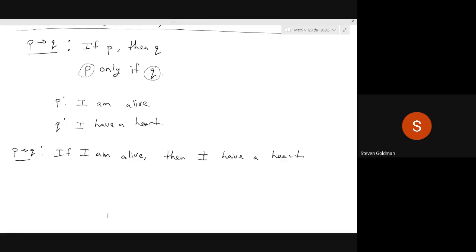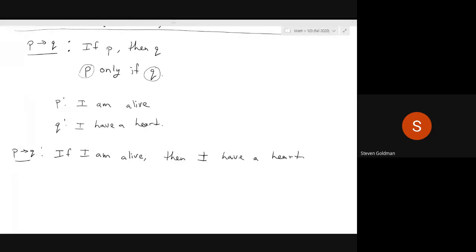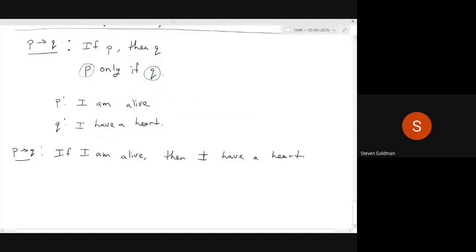There's a cause and effect relationship here. I know if one thing is true, the other thing also has to be true. If I switch this around, it's not necessarily true. The converse would be the sentence, if I have a heart, then I am alive. That's not necessarily true. A person after he's dead could still have a heart. So the converse of this is not necessarily true.